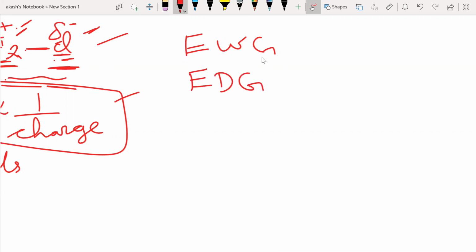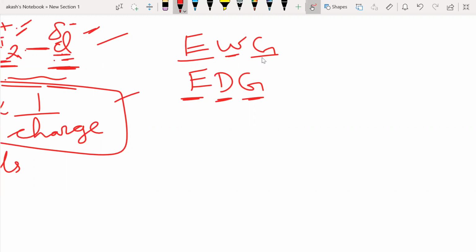EWG is electron withdrawing groups, and EDG is electron donating groups. We have to understand what they are. Electron withdrawing groups are going to be more electronegative, can I say that? They are going to pull the electron cloud towards themselves. And electron donating groups are going to be the opposite. They are going to donate electrons to the other species.